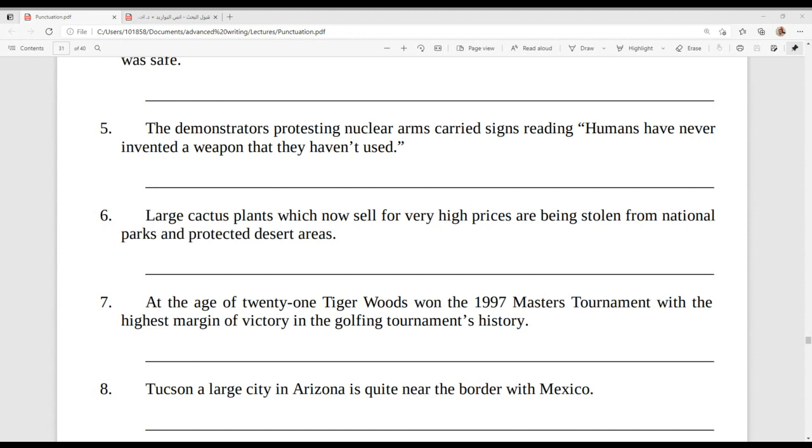Tucson, a large city in Arizona, is quite near the border with Mexico. A large city in Arizona must be between commas.